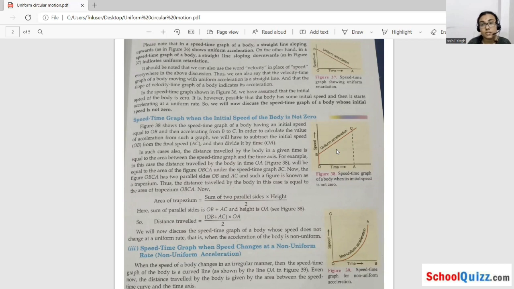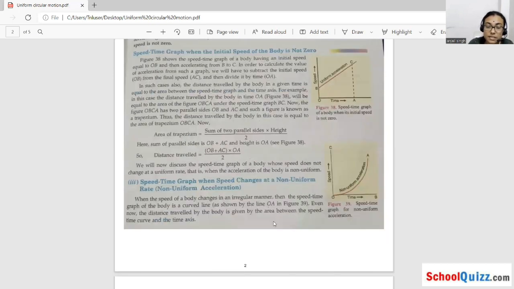If in the question the area of this graph is asked, you will find the area of the trapezium, which is half the sum of the parallel sides multiplied by its height. Clear? So this is the uniform acceleration.